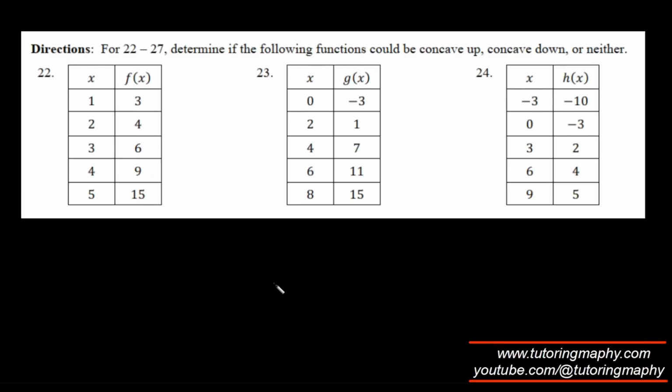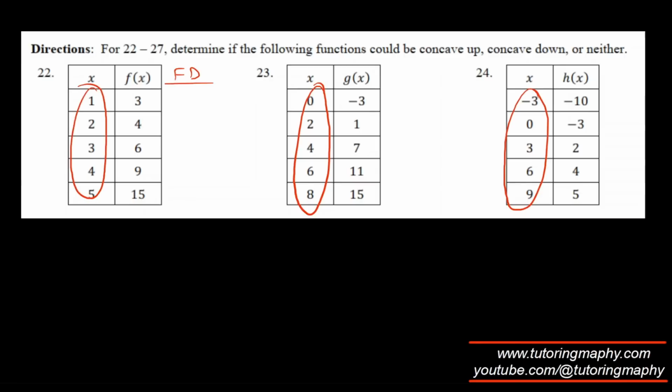We need to determine whether these following are concave up, concave down, or neither. So we need to find the first difference, because with just the first difference, I can figure out whether it's concave up or concave down. Make sure the x values are increasing by the same quantity in all three.